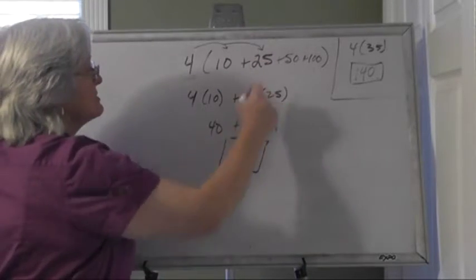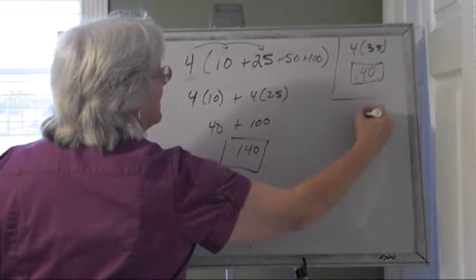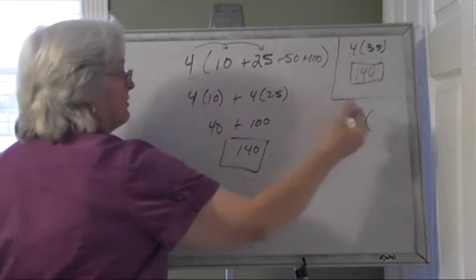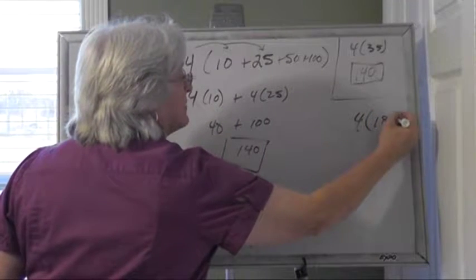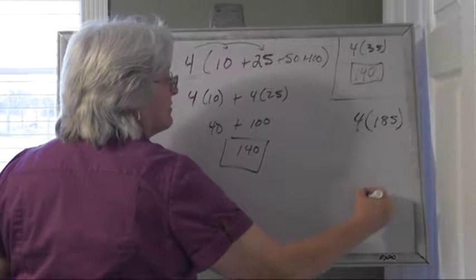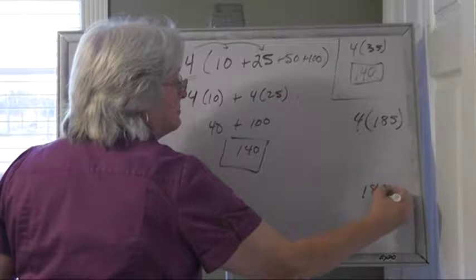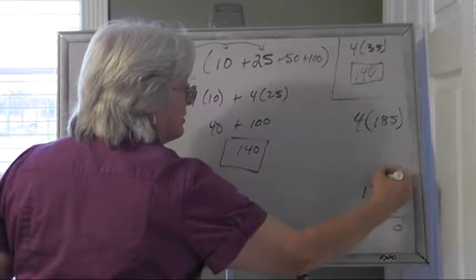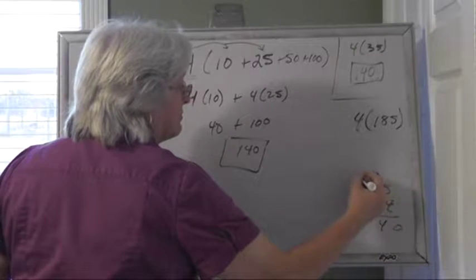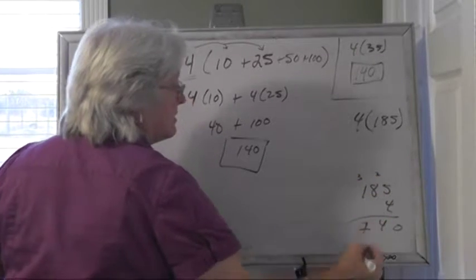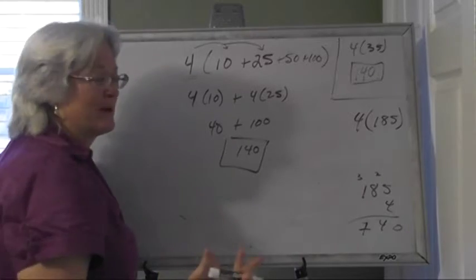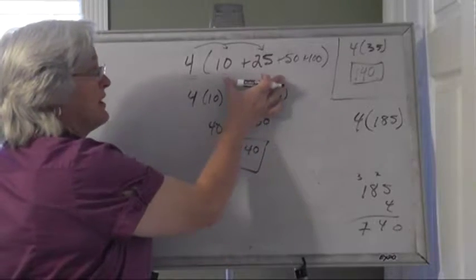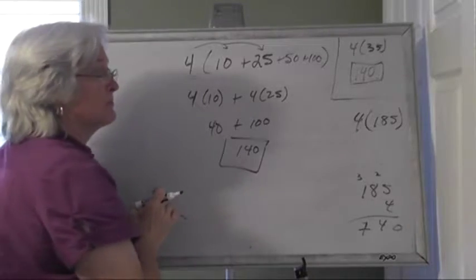We would add inside the parentheses first, and we would have 4 times $1.50, $1.75, $1.85. 4 times 185, and I'm going to go ahead down here and multiply this by 4. 4 5s are 20. 32 and 2 is 34. If I didn't make a mistake there, I have 740 is what the value of this expression is here.